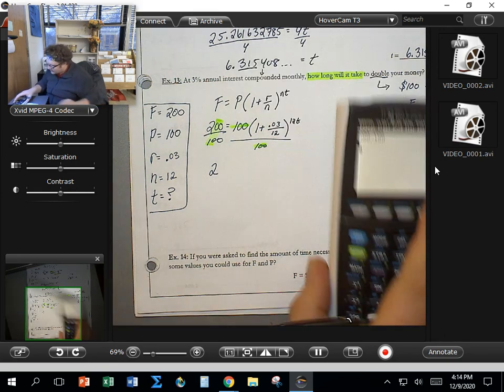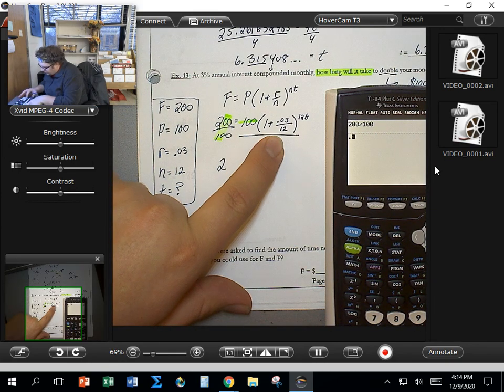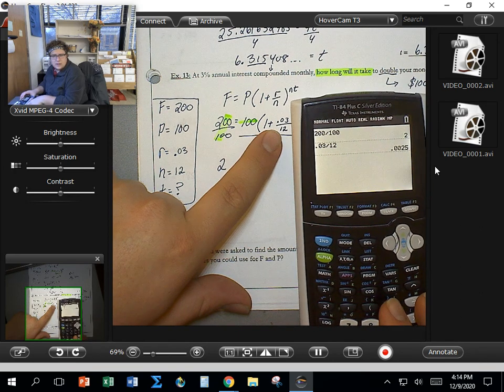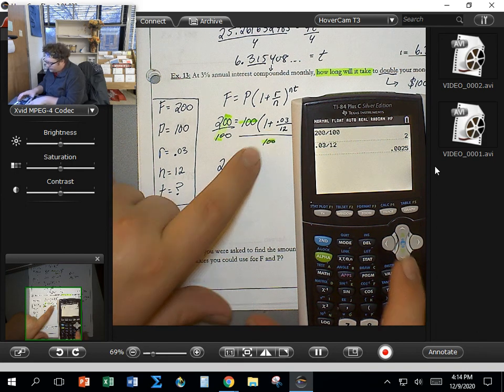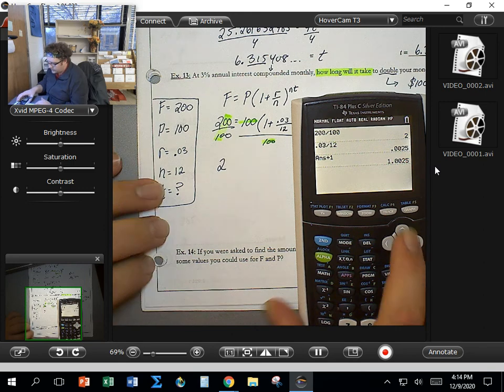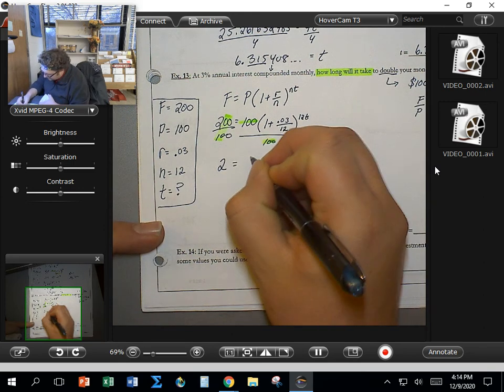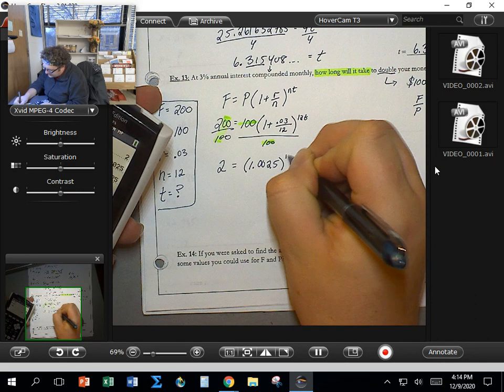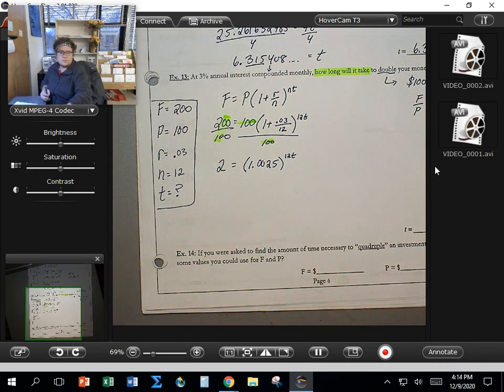And we need to figure out what's on the inside there. So 0.03 divided by 12 and enter. You get 0.0025, and then we would add 1 to it, and that is the base of our expression. So we've got 1.0025 raised to the 12t power.